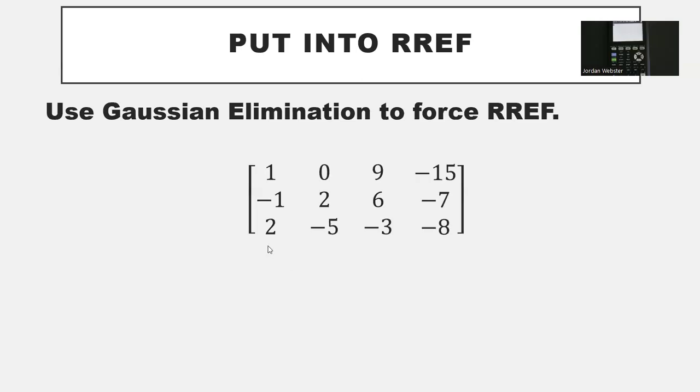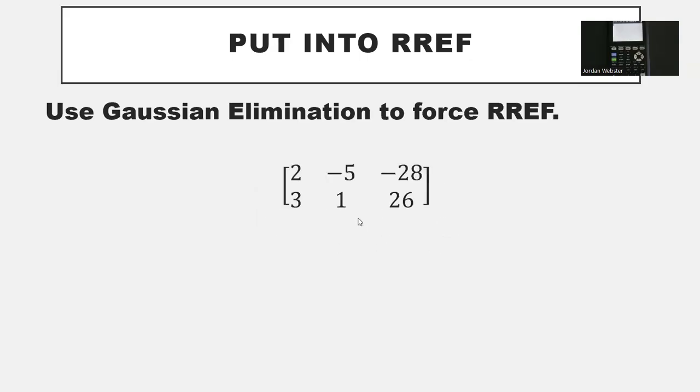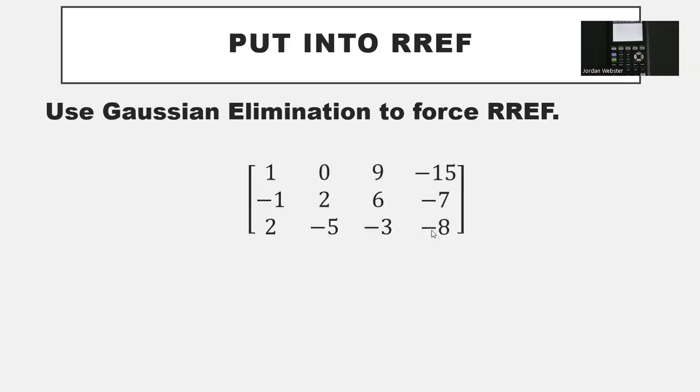If you wanted to do this one step by step, you could. It would just take a lot longer than doing this 2x3 matrix. For a 3x4 matrix, we'd have a lot more steps in the Gaussian elimination.